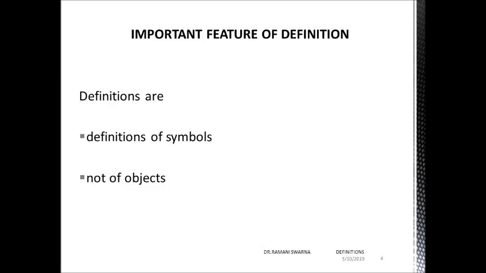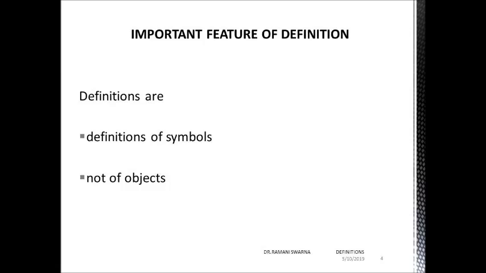Secondly, what are the important features of definition? Here we have to understand that, number one, definitions are definitions of symbols, because each and every term, word, clause or phrase that we're taking up, as I told you in the earlier slide, is a symbol representing something which exists in the world. So it is a definition of that particular symbol and not of the objects.